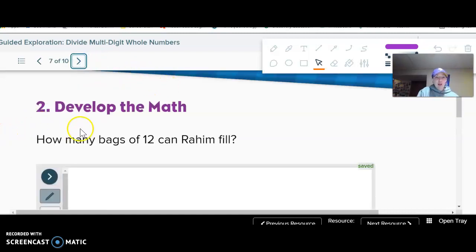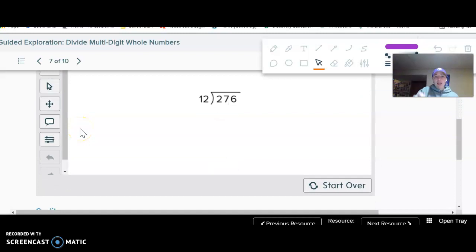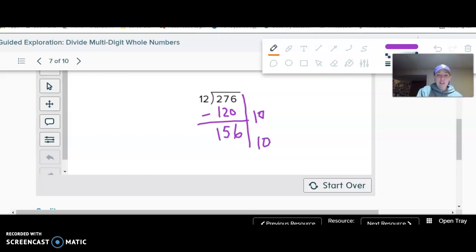So now we're going to figure out how many bags of 12 can Raheem fill. So, you know me, I'm going to do 10 groups. And if you're like, I know that I don't want to do 10 groups, that's fine. Okay, 156, I can do another 10. Because I can fit another 120. Okay, I only have 36 this time, so I can't do another 10 groups.